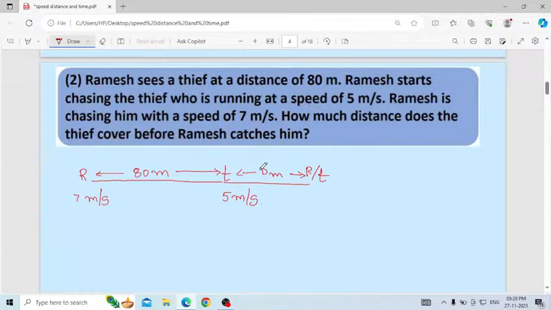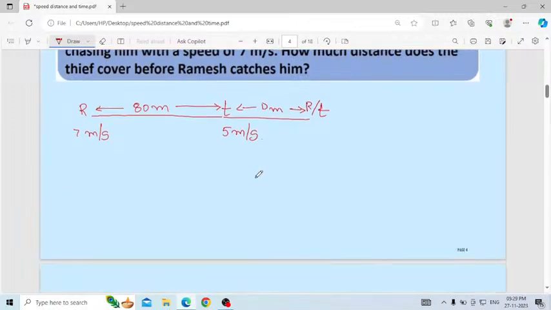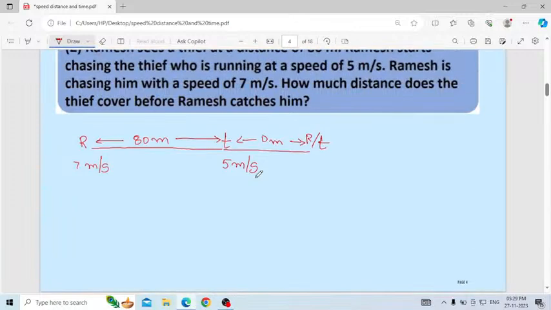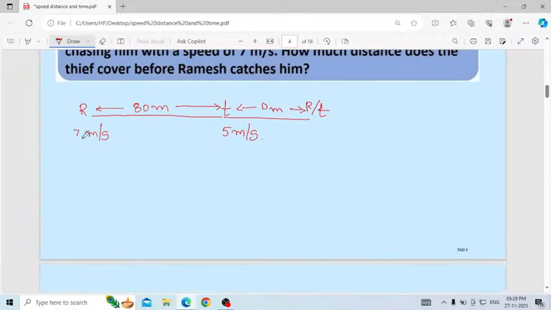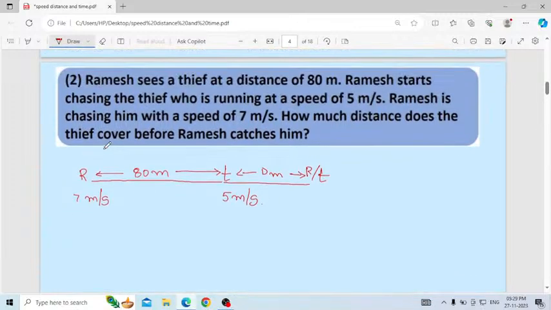Did everyone understand the question? Very easy question. When you draw the diagram, it will be very easy. They have not mentioned the time. Ramesh sees a thief at a distance of 80 meter.